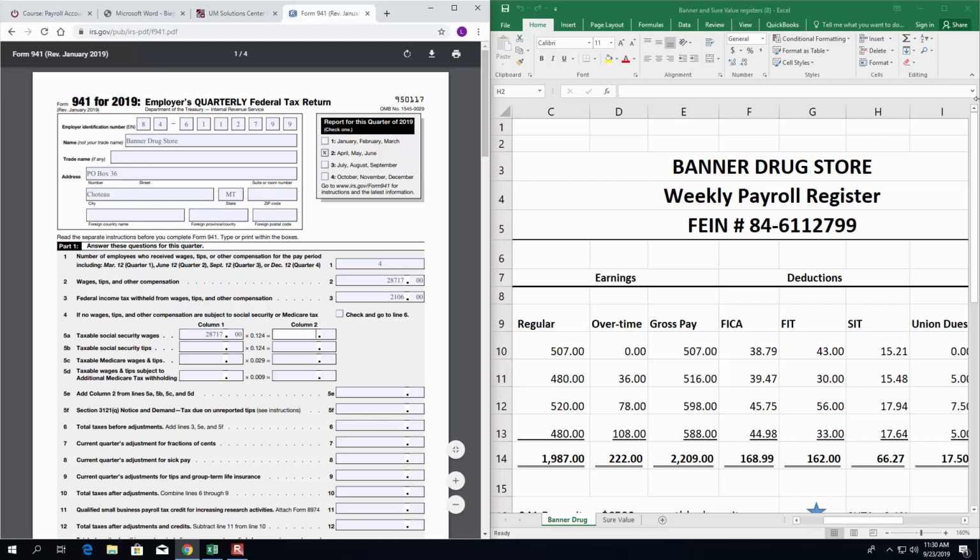Because they're paying both shares. They withheld part of it from you, and then they've got to match the other part. 6.2 plus 6.2 is 12.4, right? So finish that. And then also, they've got Medicare, and then tally it up down here, and I'll meet you on line 5E.